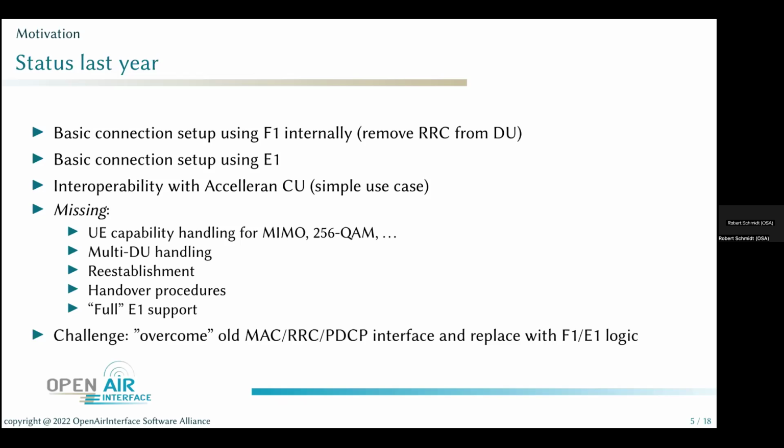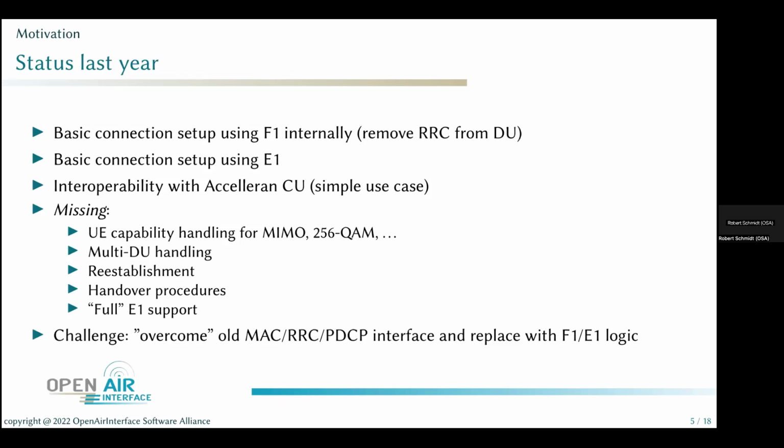And the general challenge as of last year, which has been overcome, as far as I would say, was that there was basically an old interface between, let's say MAC and RRC and also the PDCP, but this did a couple of things quite different than as they are specified in F1. And of course, if you want to implement F1, then we should implement it according to the specification.